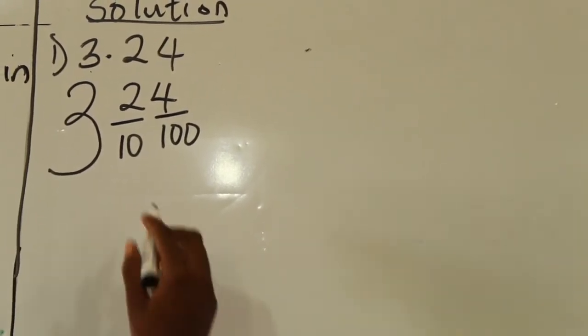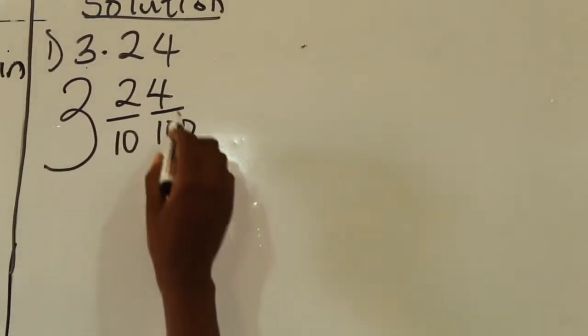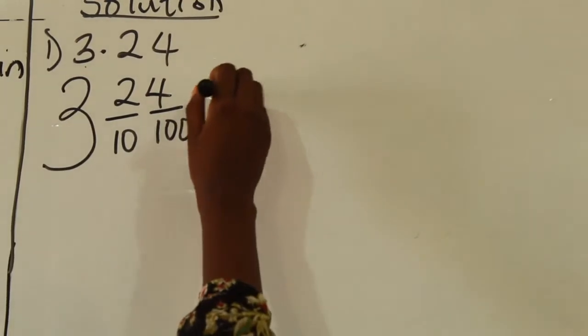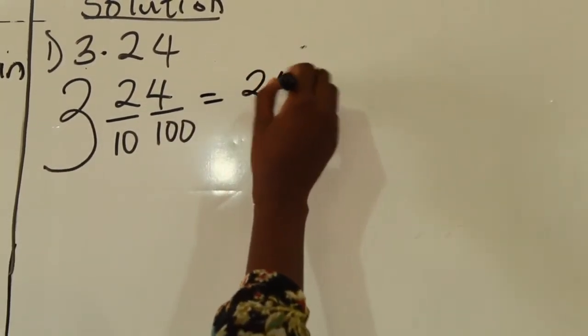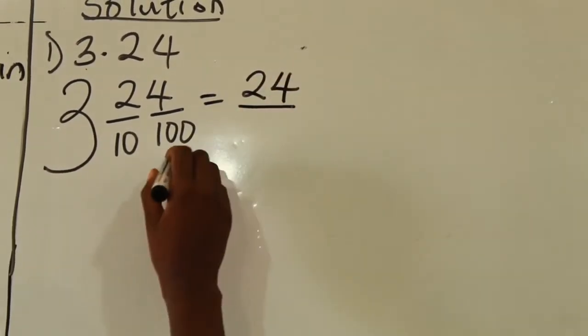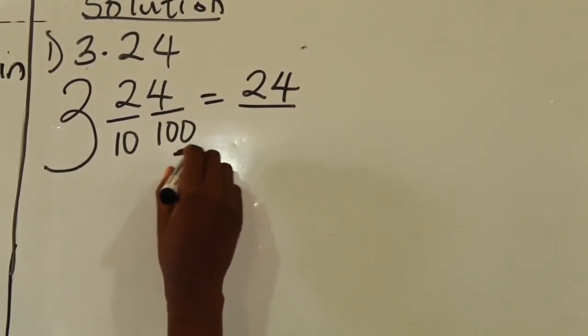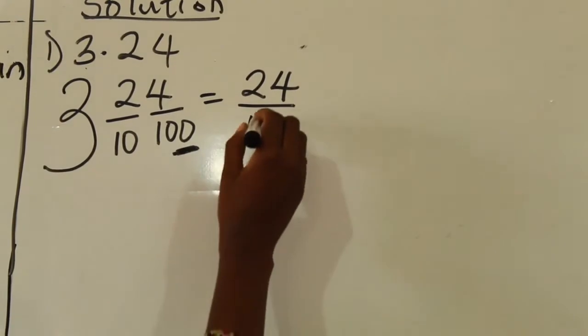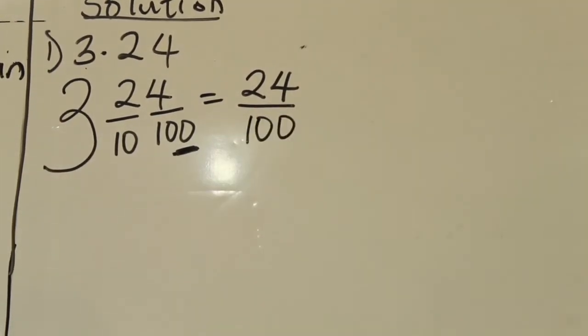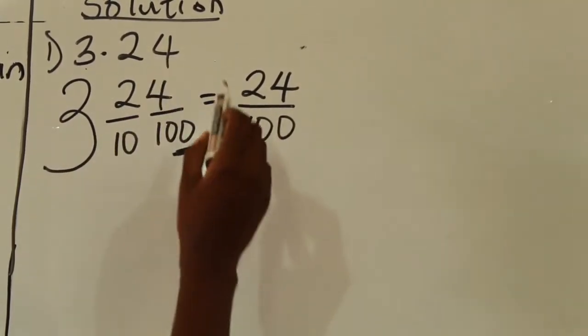Alright, so now we'll express these two numbers as a fraction, and it will be 24 over 100. The last multiple of 10 here is what we're going to write. So we have 24 over 100.